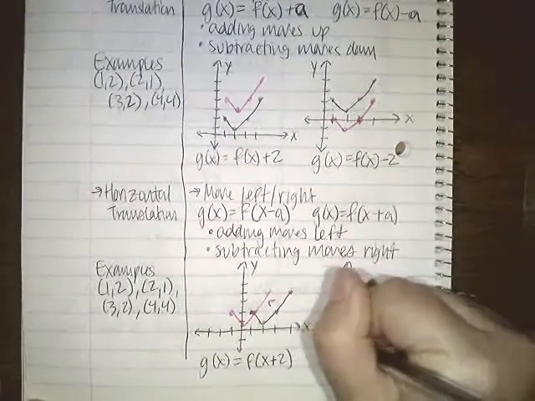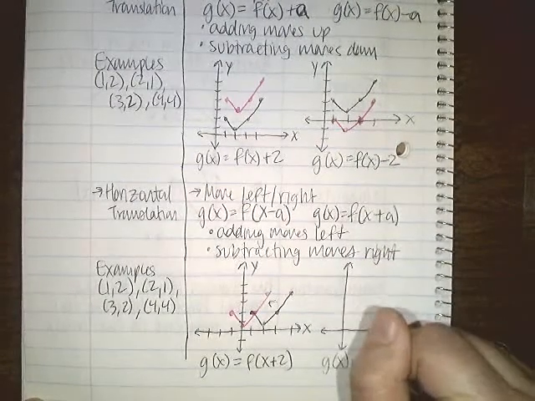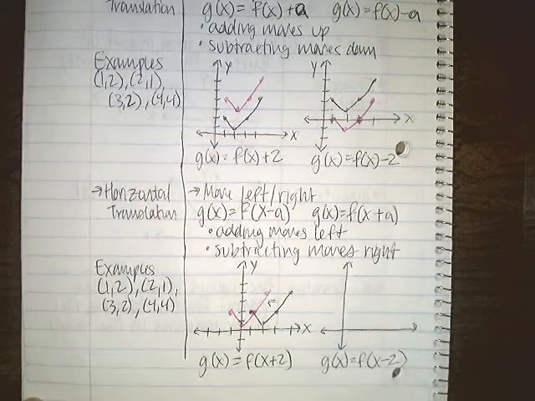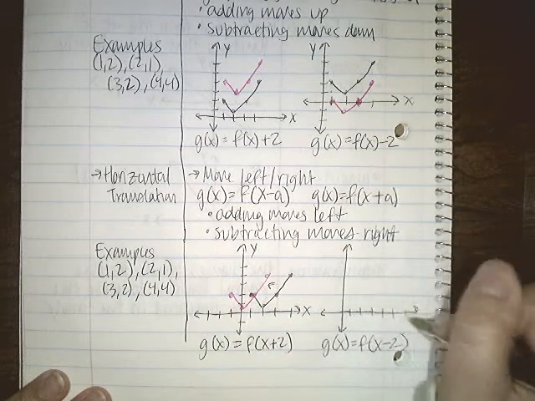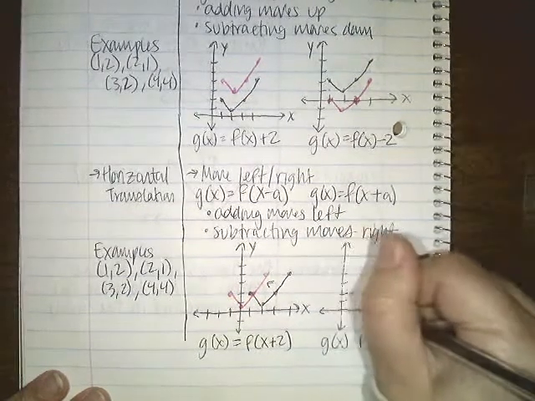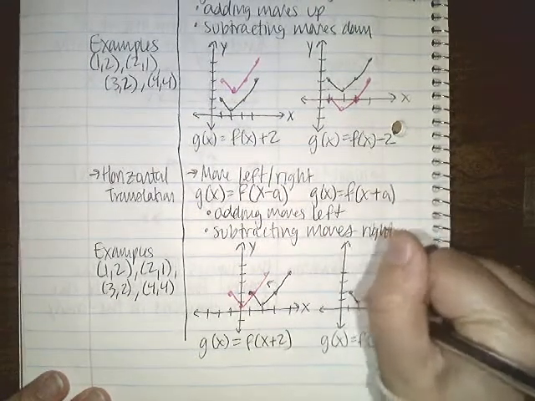Now I'll demonstrate if we moved it 2 to the right, we'd be subtracting inside of our function. So I'll plot my original points, same as always.